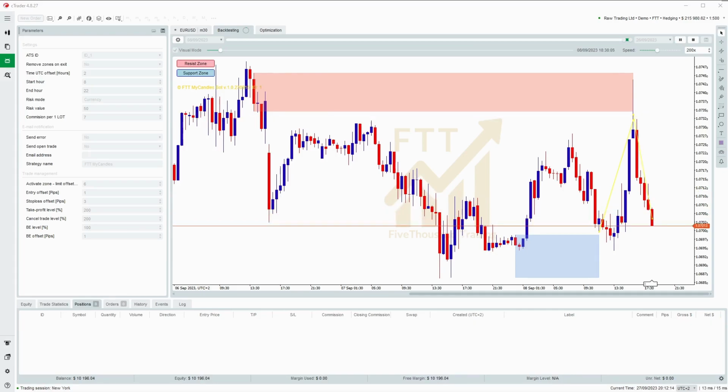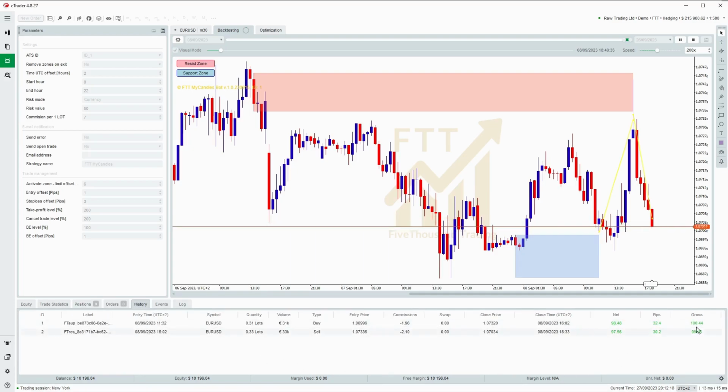The trade is closed. 2 trades have been executed according to the zones drawn and the strategy has stopped.